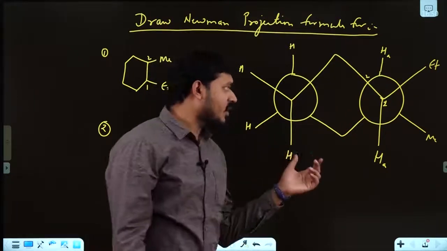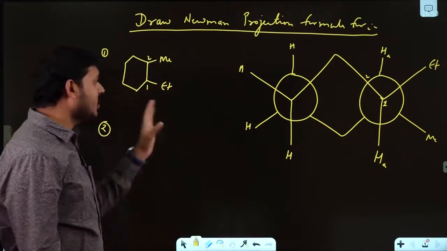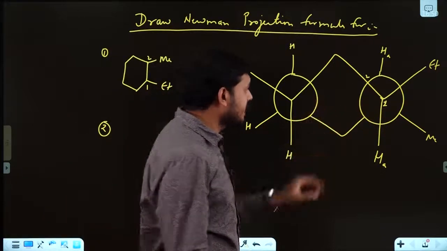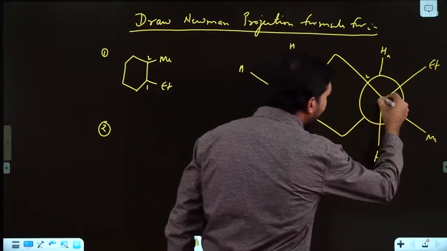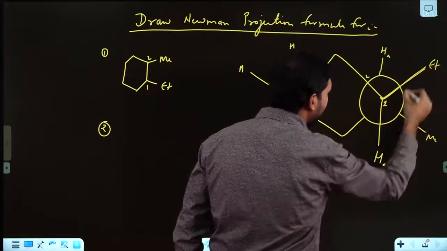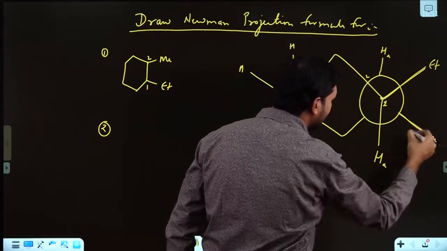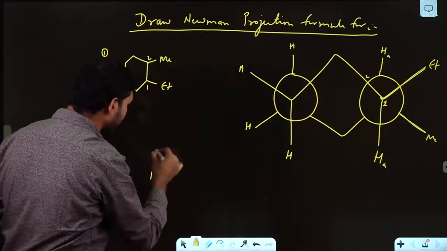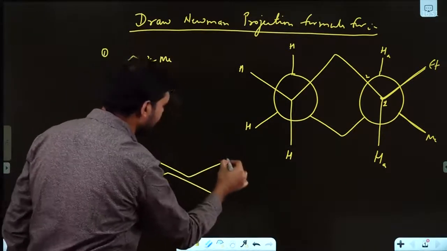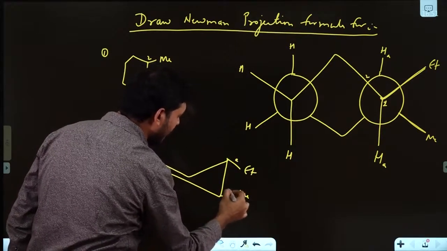Now one more conclusion comes out from this conformer: why do we always say that the equatorial position is more stable than the axial position? If you observe this structure, you can see the front carbon atom of this part has ethyl here and the back carbon has methyl this side. On observing the chair conformer, suppose this one has ethyl in equatorial, down, so this will be up, methyl in axial.